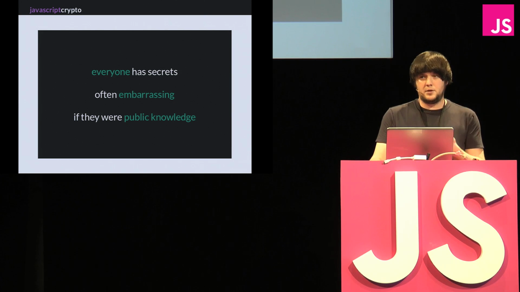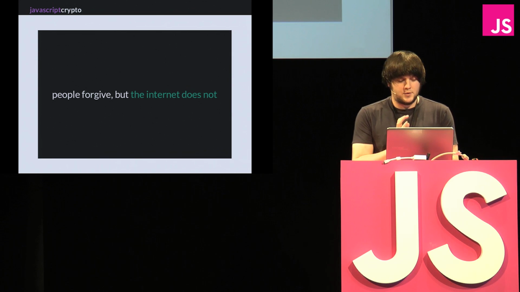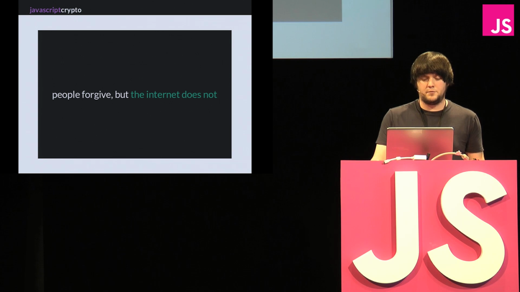And I think even in the audience, every single one of you has something that they wouldn't want us to know publicly. And the problem is we as social beings, we're often in a social context that is closed, and so we work problems out, and so we tend to forgive. But the internet stores it forever, so it does neither forget nor does it forgive.